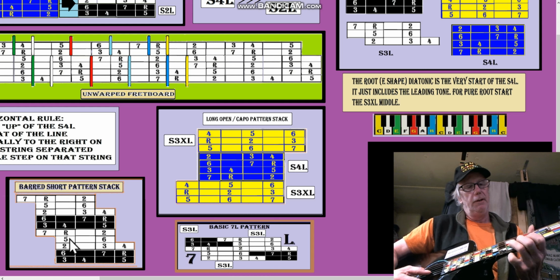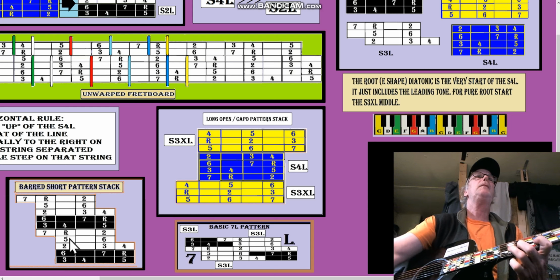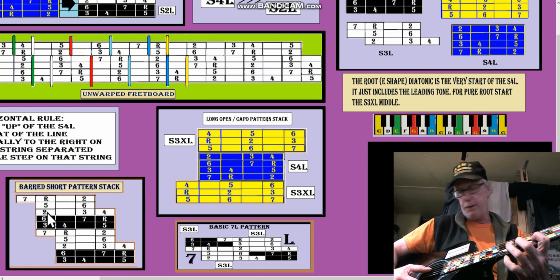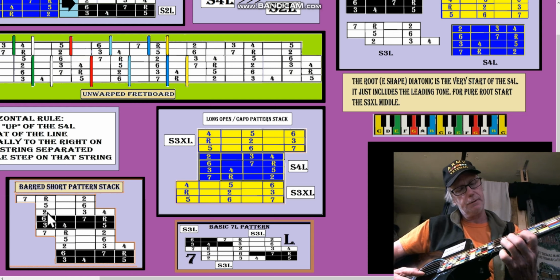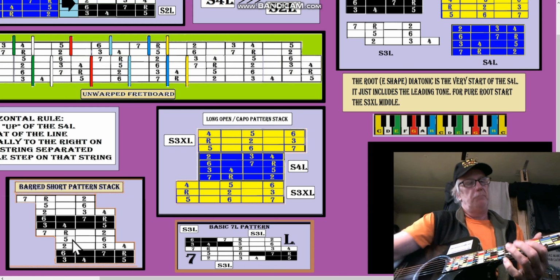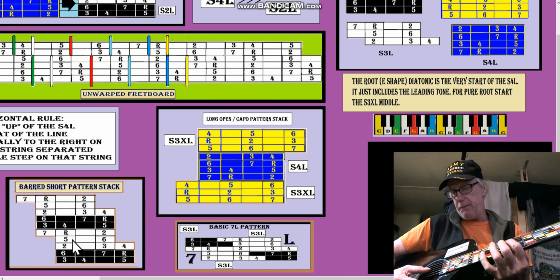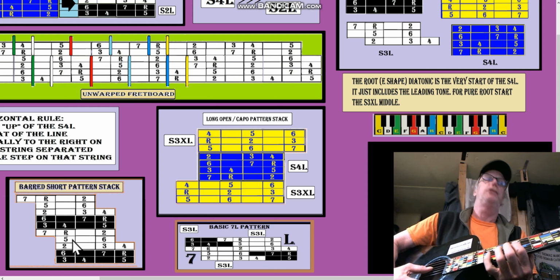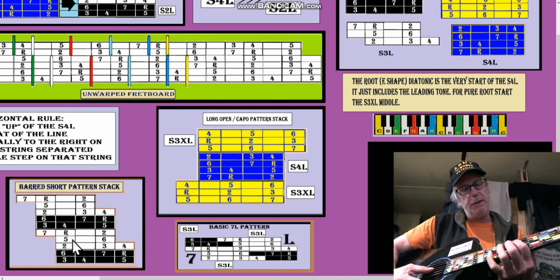like that. Because now when I go into the next one from this root, when I go into this S3L there with the 2, I'm going to have to warp that over in this situation. But if I start that 5, I can start it from any 5. Now I'm finding a 5 that's comfortable for me to explain this to you, but it's going to be the same situation.